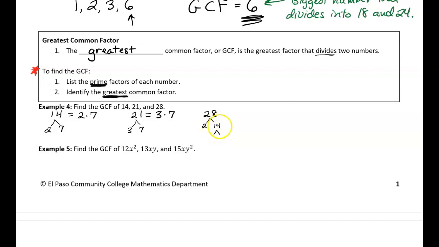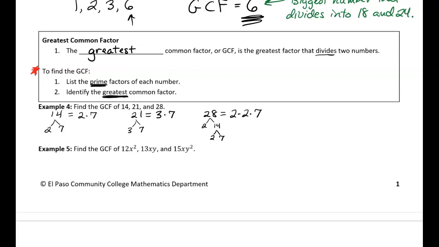And then I go a little further because I know 14 is also even, so another 2 times 7 gives me that 14 there. So in this case, my lowest branch values from each of the branches is 2 times 2 times 7. So there's my prime factorization of 28. I can make all the factors of 28 from those 2, 2, and 7 numbers.